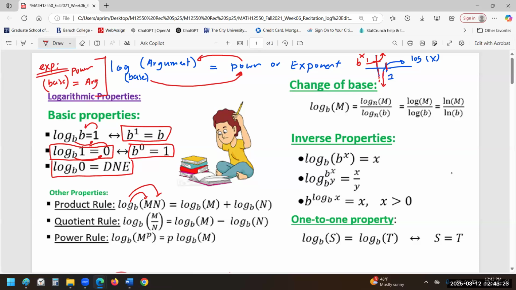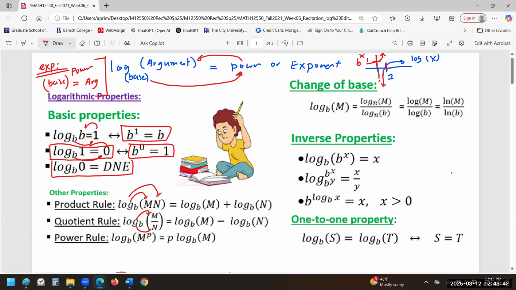Same thing in the division. You can distribute your log in the argument, but since it's division, you have to subtract. Anytime you multiply and you distribute your log, you add. Anytime you divide your argument and you're distributing the log, you always subtract.